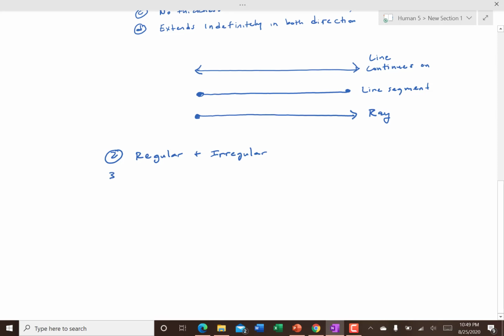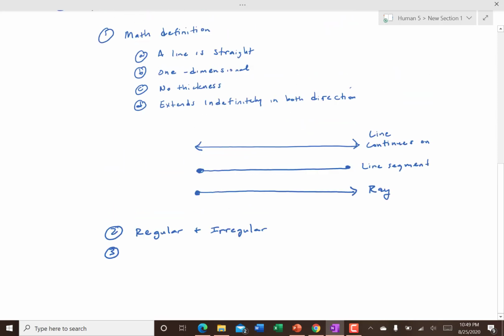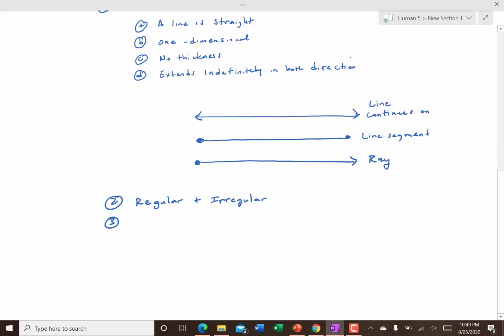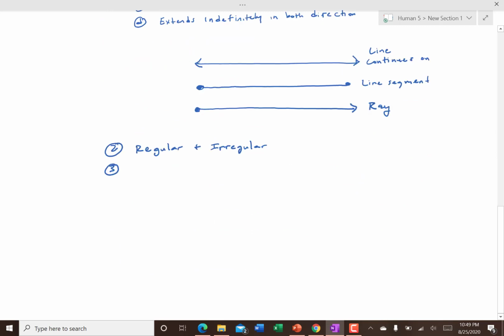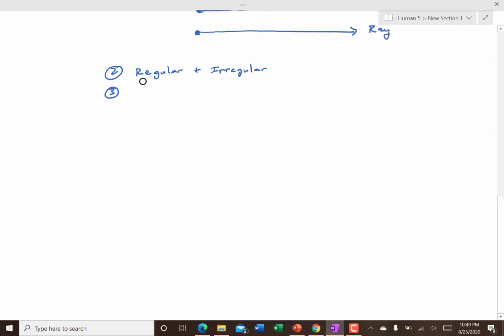After regular and irregular, you have contour lines. And there's several different types of contour lines. If we want to get specific here, you have blind contour.